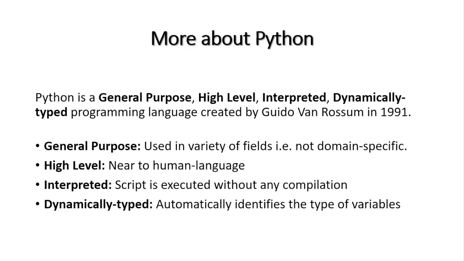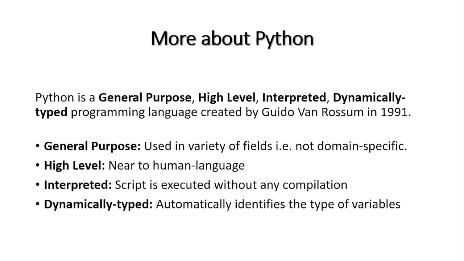What do you mean by dynamically typed? It means that it automatically identifies the type of the variables. For example, in other programming languages, we need to define that this particular variable is an int variable. Int means integer, or a string, or let's say a float, or something else.